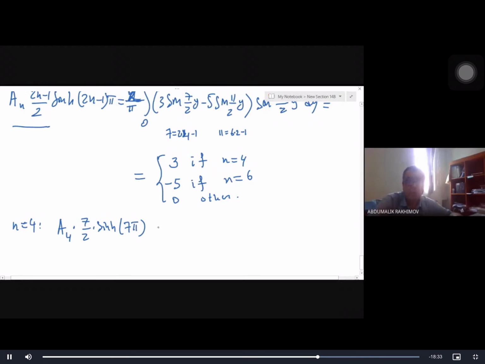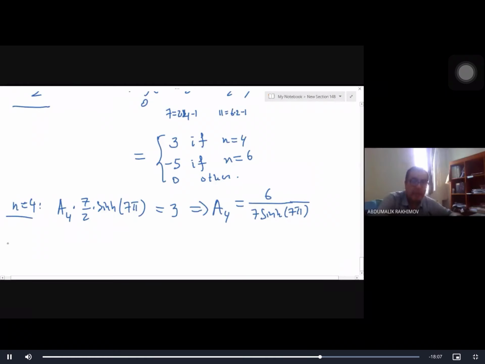So this equals 3 when n equals 4. From this I can find a_4. a_4 is equal to 6 over (7 times sine hyperbolic 7 pi).